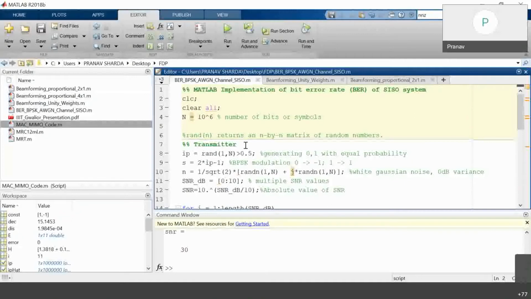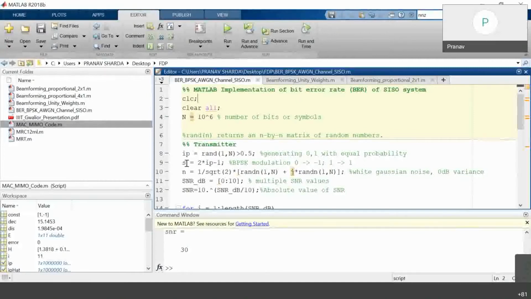Since n is 10 to the power 6, as defined in line number 4, there will be an array or vector of dimension 1 cross 10 to the power 6. In MATLAB, whatever we perform is done in the form of a matrix, an array or a vector. In line number 8, we generate 0 or 1 with equiprobability. This greater than 0.5 generates 0 or 1 as equiprobable symbols.